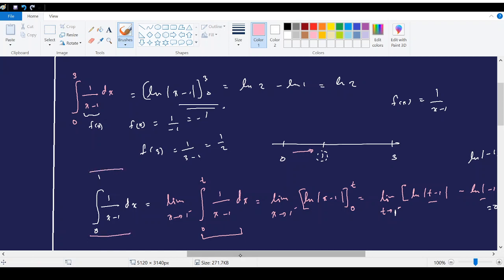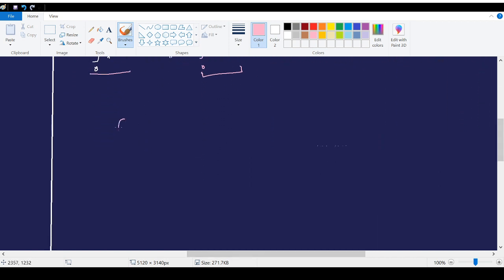Now remember, I said in order to compute the original integral, that is 0 to 3, we need to have the values for the 0 to 1 integral and then the 1 to 3 integral. And if both of these integrals converge, then we can say that this is convergent, and the answer for the integral is the addition of the two integrals. But if at least one of these two diverges, then we don't even have to compute the remaining integral.